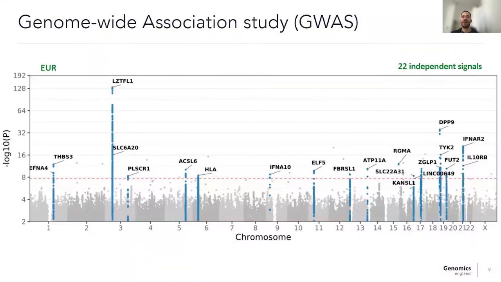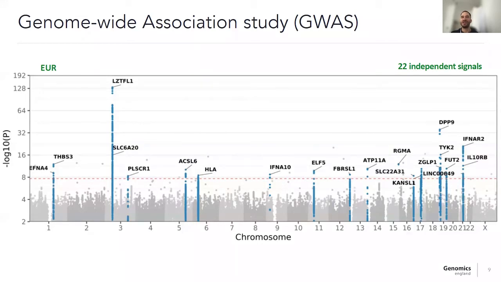We have annotated the genes for which the variants have the strongest p-value, the genes for which we have consequences, as our annotation software has indicated. And you can see here that we have 22 independent signals. When I say independent, this was found with conditional analysis, which takes into account linkage disequilibrium information.